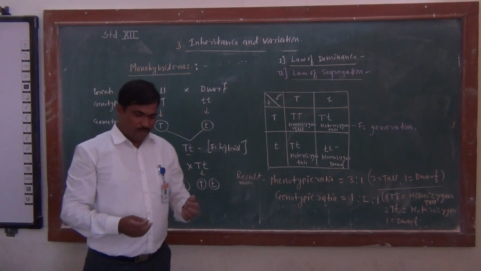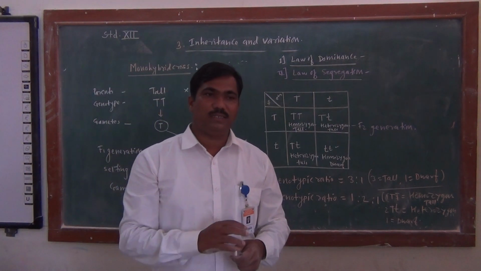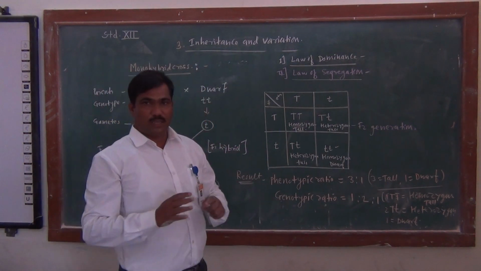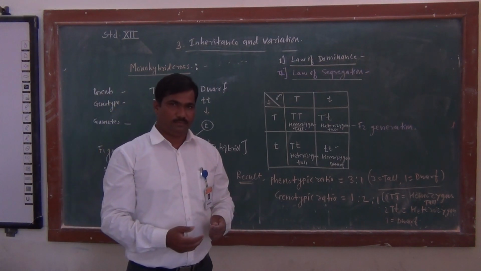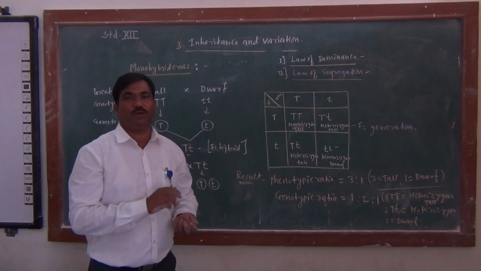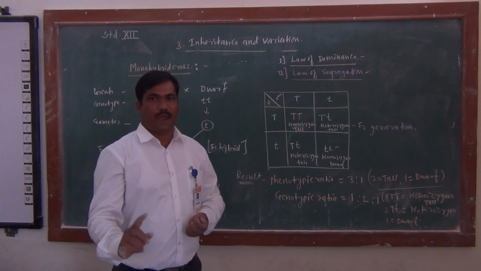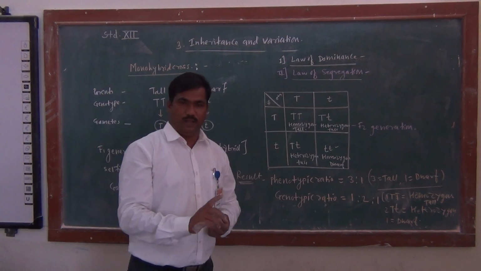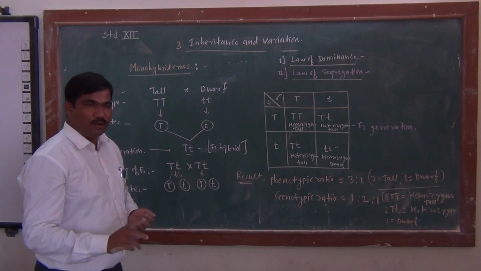So during formation of gametes, the factors or alleles segregate or separate from each other and enter into the gametes. So the gametes are pure because a gamete contains only one factor or only one allele of the pair. Factors are pure in nature.